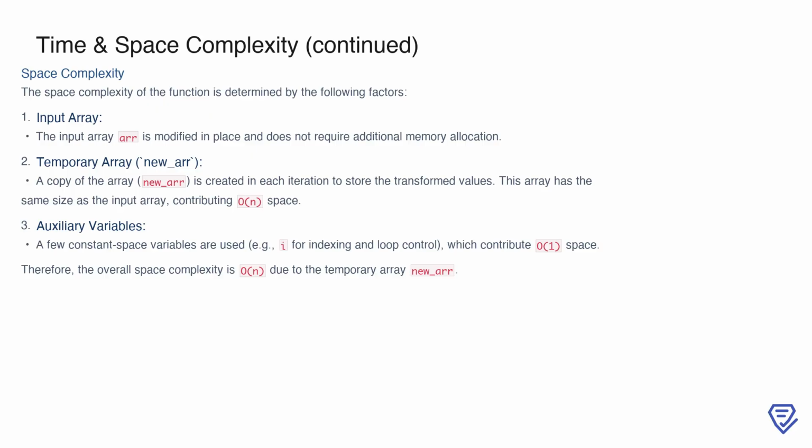This array has the same size as the input array, which contributes O(n) to the space complexity. Finally, a few auxiliary variables, such as the loop index I and other control variables, are used. These require a constant amount of space, or O(1). Combining these factors, the overall space complexity is dominated by the temporary array, resulting in O(n) space usage.